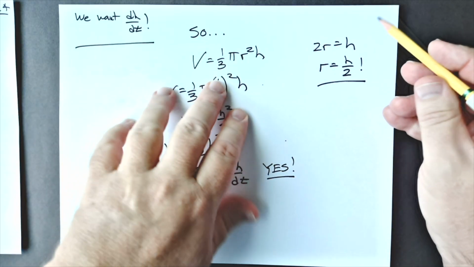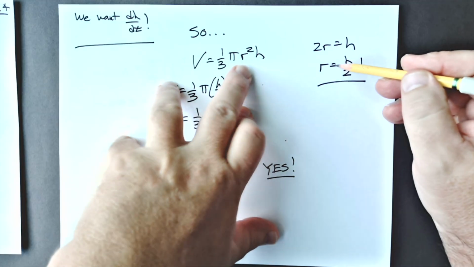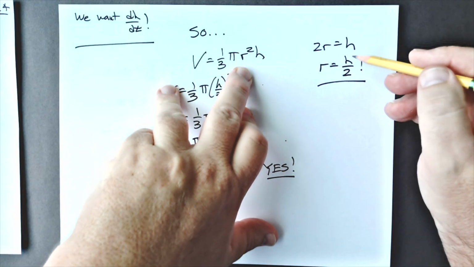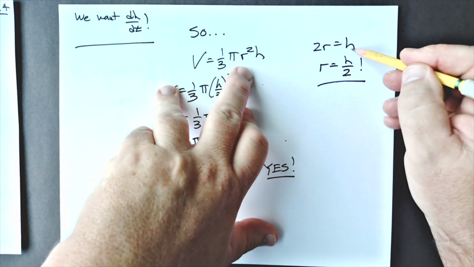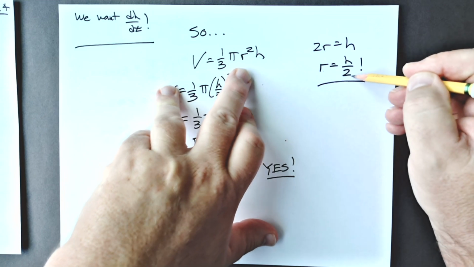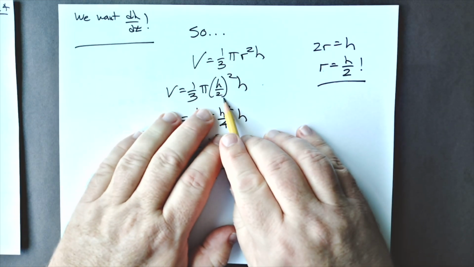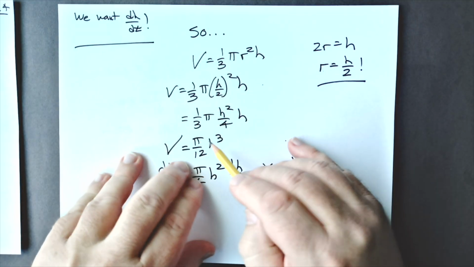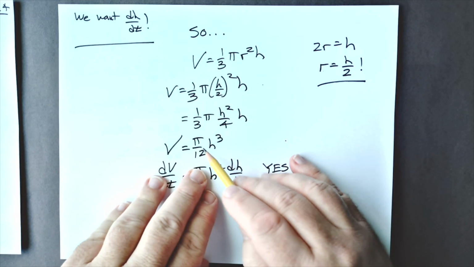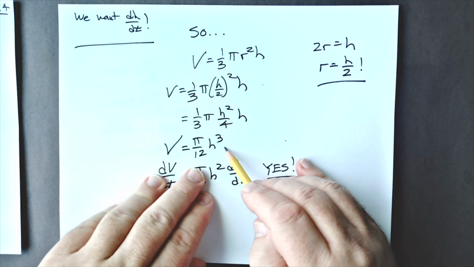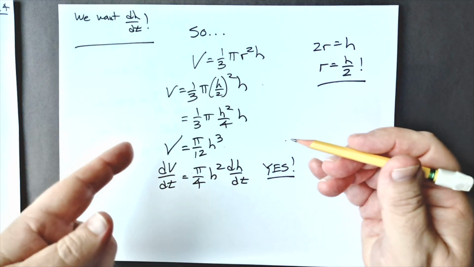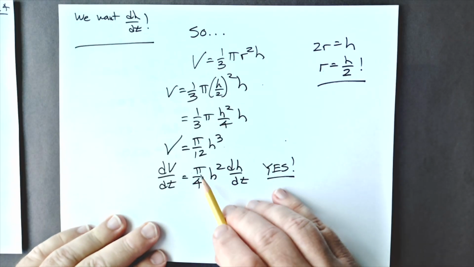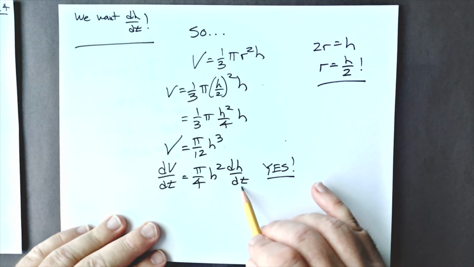We want dh dt. So instead, I'm going to substitute and get the r out of there. If 2r equals h, then r equals h over 2. So I can substitute this way. h over 2 squared, which is h squared over 4. Do some simplification here. Pi over 12 equals h cubed. Now I can take the derivative, and I get pi over 4 h squared dh dt. There it is.